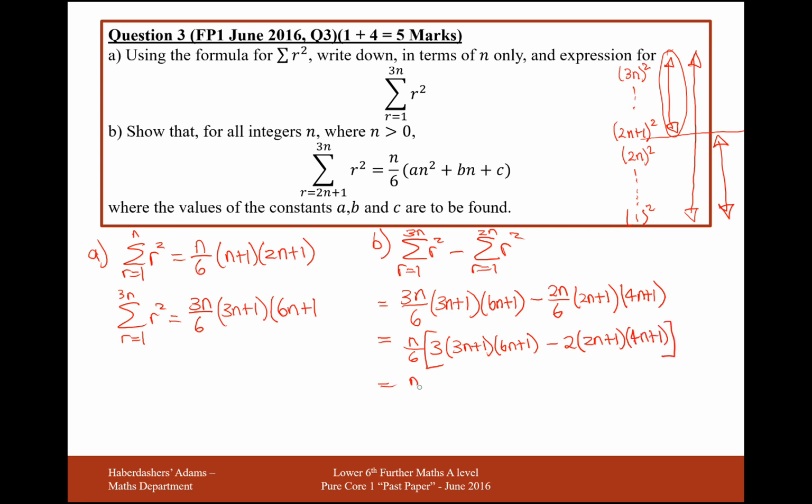Expand the brackets. So we're going to get 18n squared. 18 times by 3 is 54, so 54n squared. Then we're going to get a 6n, a 9n, a 3n, that will make a 9n. 9 times 3 is 27n.